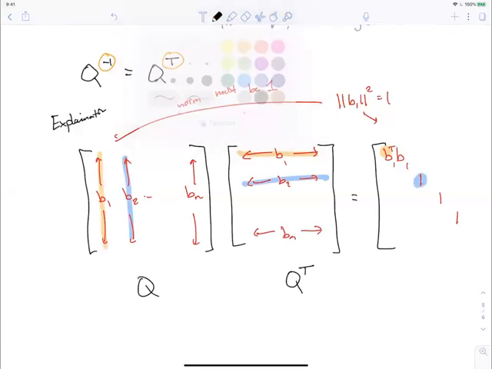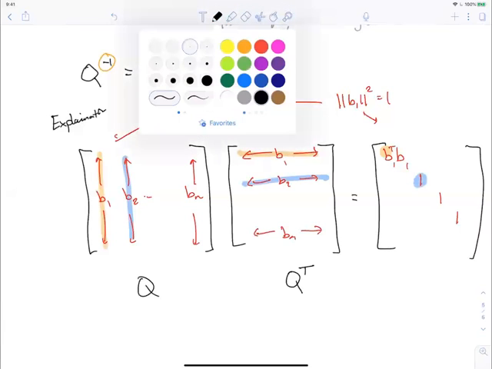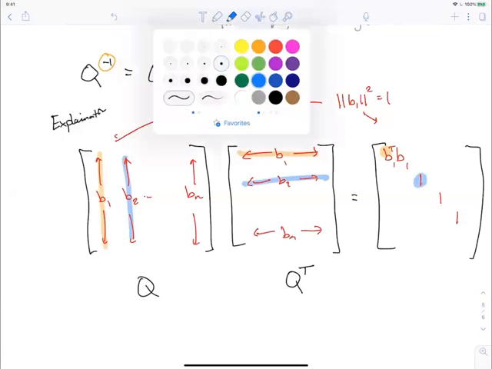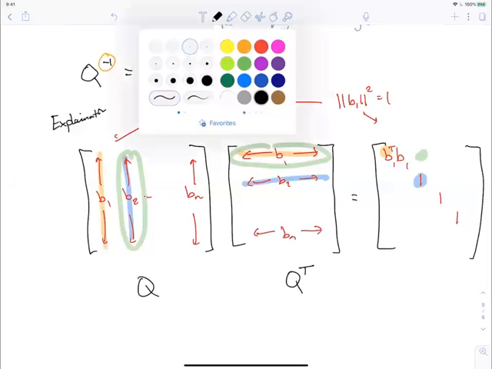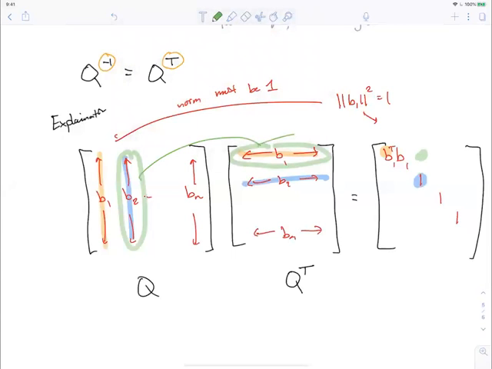On the flip side, if you take two different vectors, say I take those two, well, these are perpendicular. And because they're perpendicular, we know that you're going to get 0.